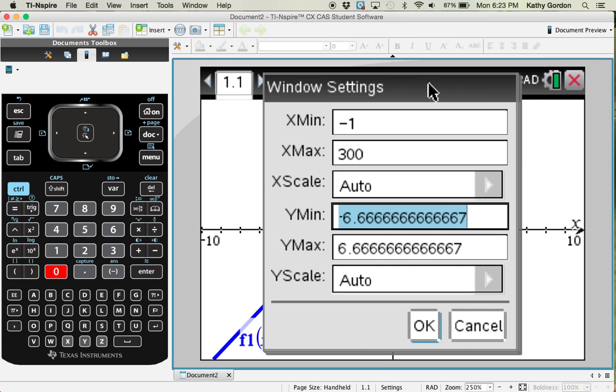For my y values though, again, I'm not interested in negative y values because that would mean it would be below the ground. That doesn't make any sense. So again, I'm just going to set that to -1 so I can see axes. And then for my maximum y value, I'm going to set this to about 85.